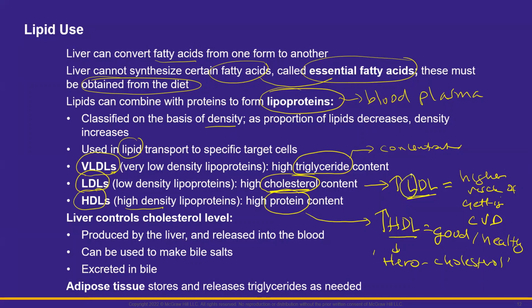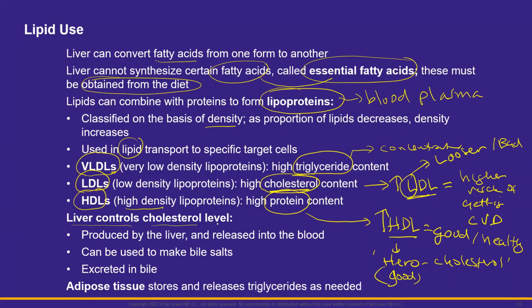The LDL, we can use L over here as a loser. So loser cholesterol or bad cholesterol. So this is good lipoprotein. Okay, so that's the difference between LDL and the HDL.